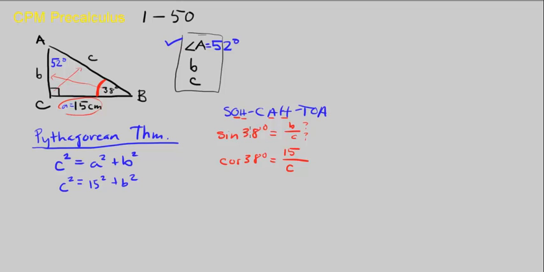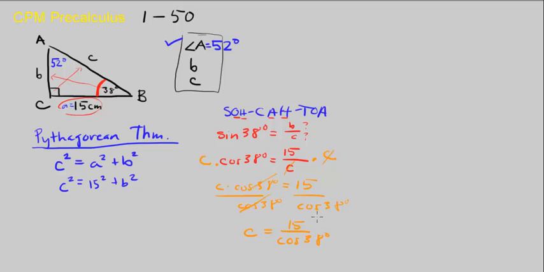We multiply both sides by c, and these c's cancel out. We're left with c times cosine of 38 degrees equals 15. Then we divide both sides by cosine of 38 degrees, and these cancel out. We're left with c equals 15 divided by cosine of 38 degrees.